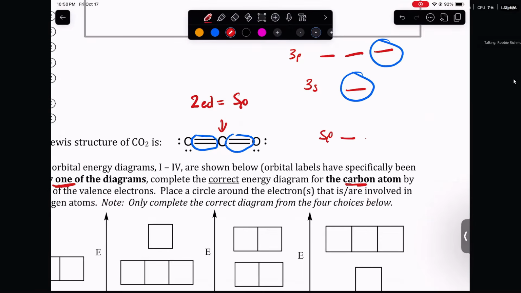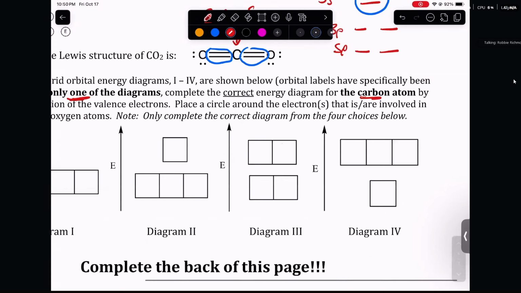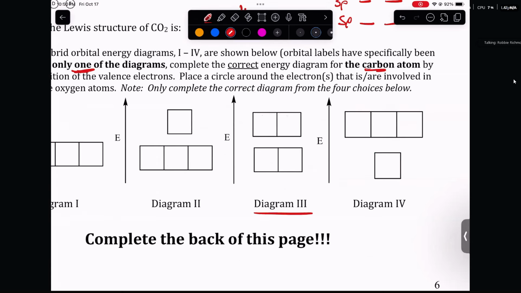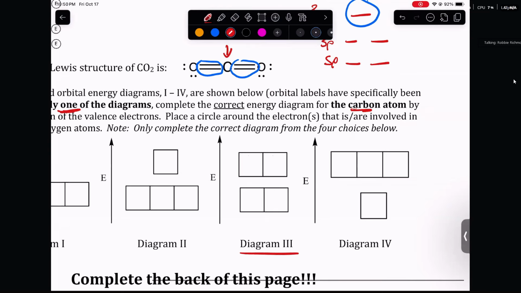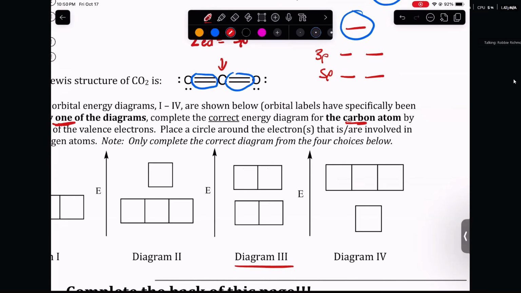So sp is going to look like this, and 3p, those remaining unhybridized orbitals, are going to look like this. So we should pick diagram 3. Cool. Now, when we are going to fill out this orbital diagram, you have to make sure that how you're filling it out makes sense.